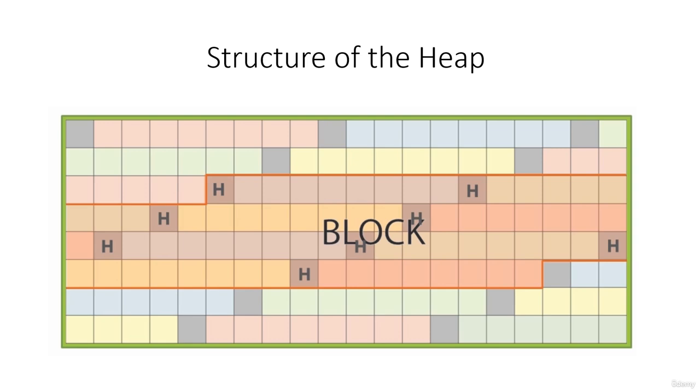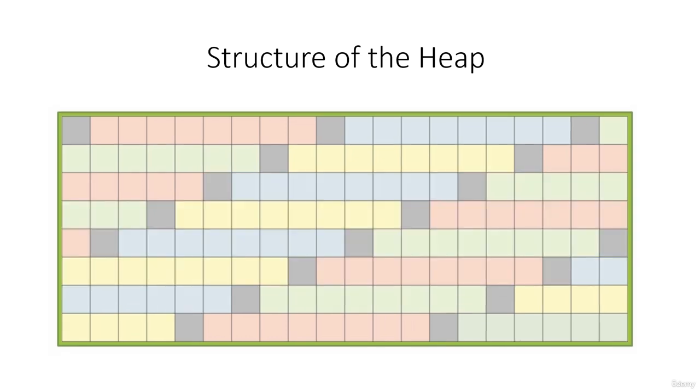The exact structure of the algorithm used to manage the heap differs between operating systems, but the basic concept is that a large area of system memory is allocated for use by a process.